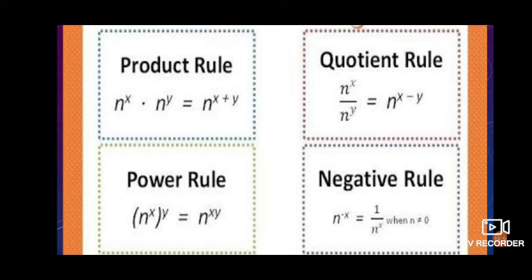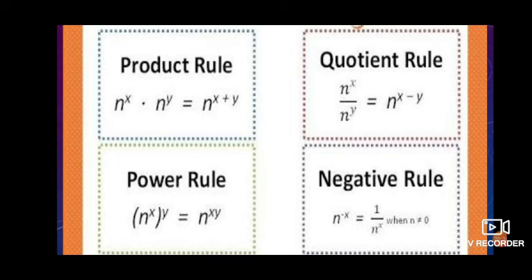We can take a single base and add the powers. Now the quotient rule is just a little bit the same as product, but in place of plus we take minus. Quotient means we do division. Here n to the power x by n to the power y, we can write as n to the power x minus y.